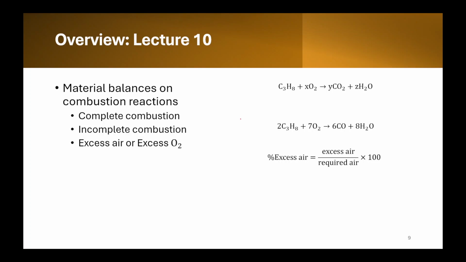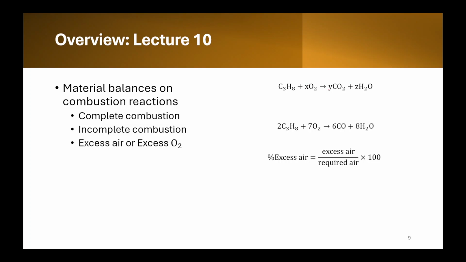Fuels are mostly hydrocarbons. Here, this is propane. When you add oxygen to it, if it is a complete combustion, you get carbon dioxide and water.